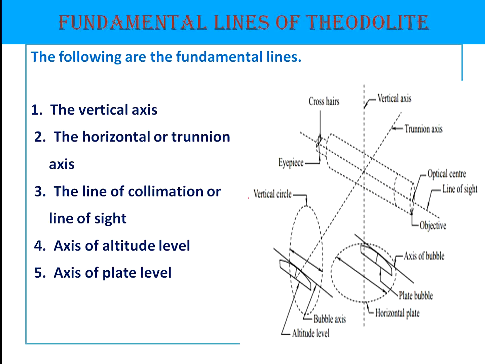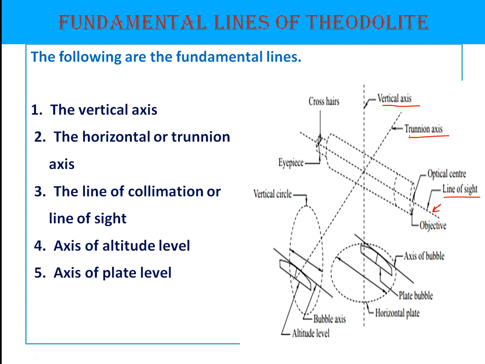So talking about fundamental lines, what are the different fundamental lines of a theodolite? One is the vertical axis, that we have already seen. Second is the trunnion or horizontal axis. Third is the line of sight or line of collimation. The fourth one is the axis of the altitude level.